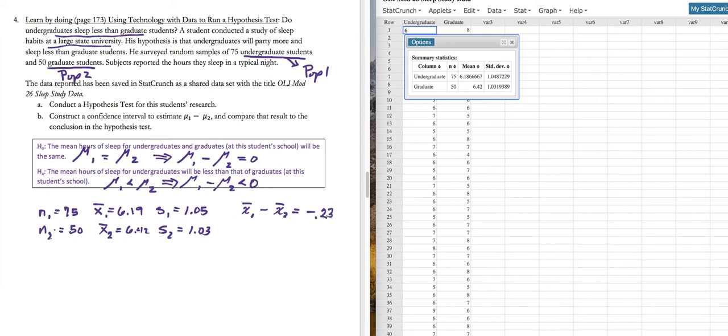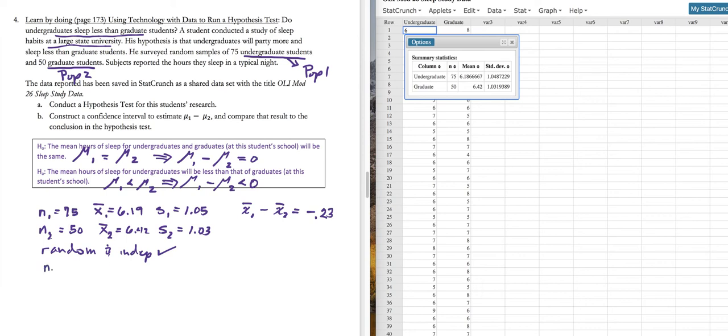Okay, what else do we need for step 2? We need to confirm that we have random and independent samples here. We're told that they're random, and there's no mention that they're related anyway, so we'll go ahead and assume that they are independent.